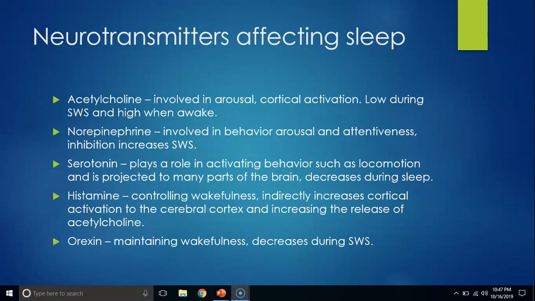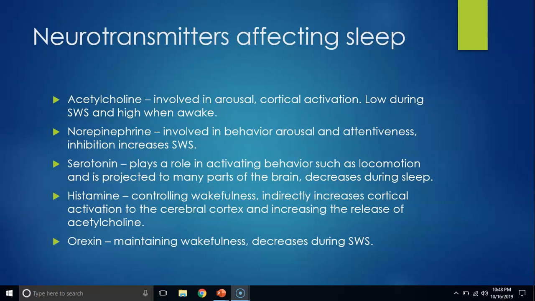Here are the main neurotransmitters that affect sleep. All of them are low during sleep and high in concentration while awake. Acetylcholine is involved in arousal and cortical activation.